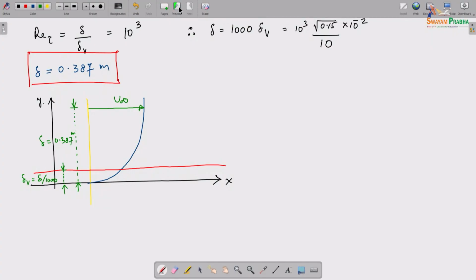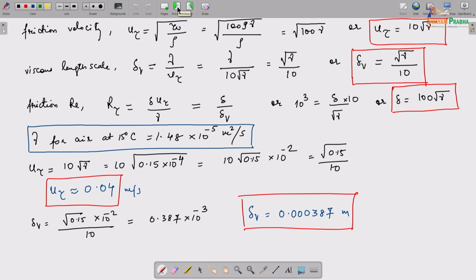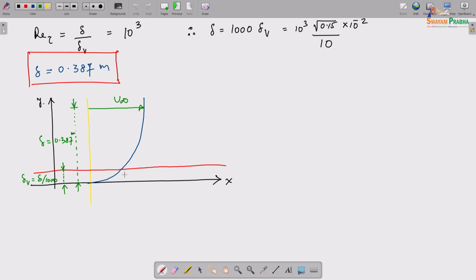Okay, so in this layer we have the U tau, which we found to be about 0.04. So this was the U tau. Then essentially I can say that U tau is equal to about this U tau.